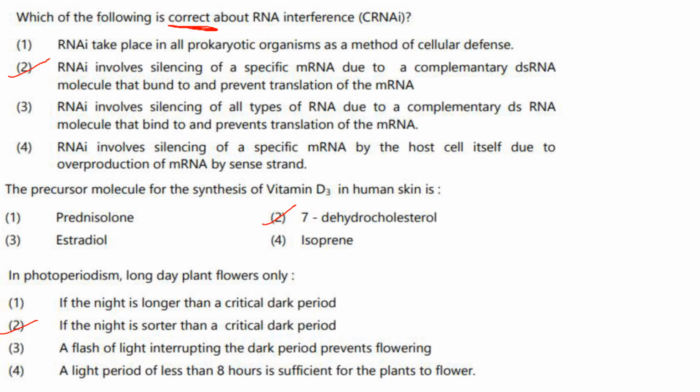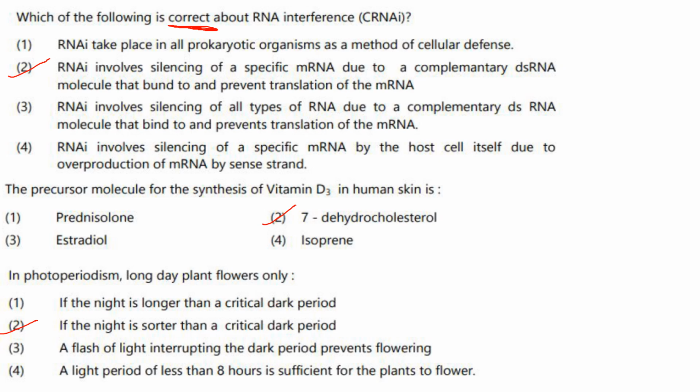Second one. RNAi involves silencing of a specific mRNA due to the complementary double-stranded RNA molecule that binds to and prevents translation of the mRNA. That is correct. So you have a specific mRNA which you want to silence.